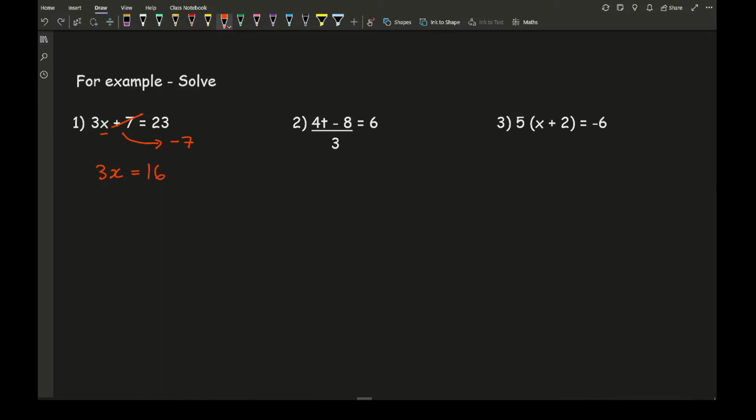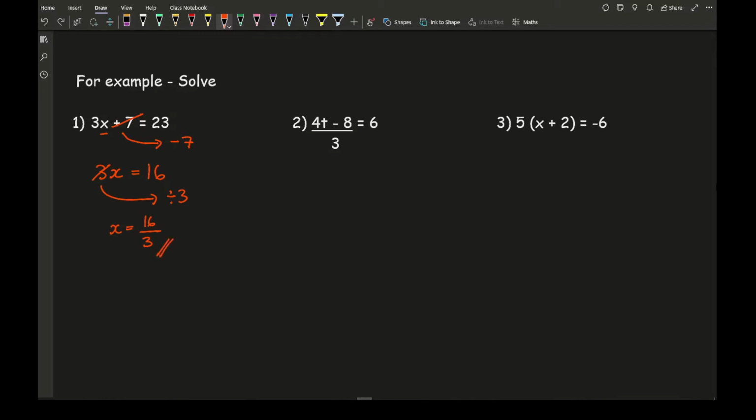Then I want to get rid of the 3. What's the 3 doing to x? It's multiplying, so the opposite is to divide by 3. That 3 disappears because it's gone over to the other side and is now doing the opposite. What's left is x equals 16 over 3, and as 3 doesn't go into 16, I'm going to leave that as my final answer.